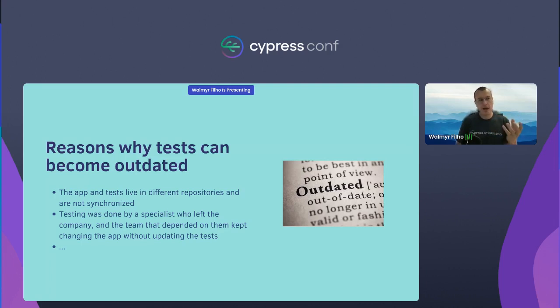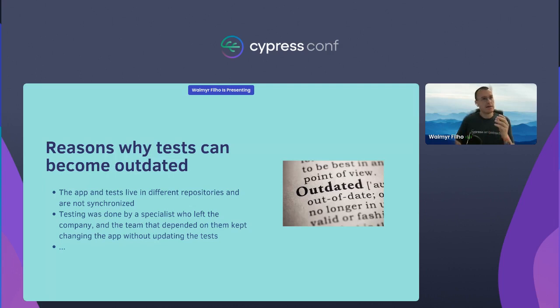It also helps on not having this division where developers write feature code and testers write testing code. If a developer breaks a test because they forgot to do something in the test after changing something in the application, and the tests live in the same repository, it's easier for developers to fix the tests and not depend on someone else to fix them.